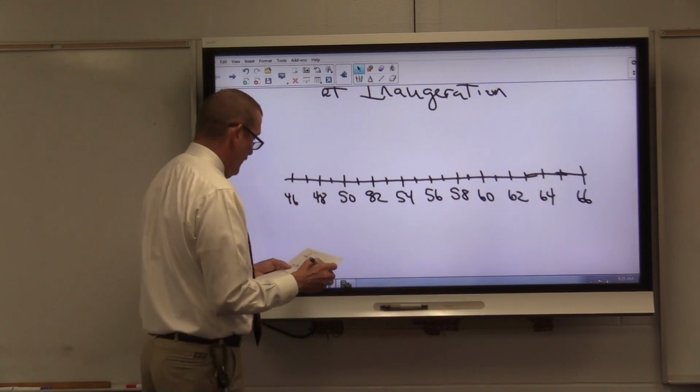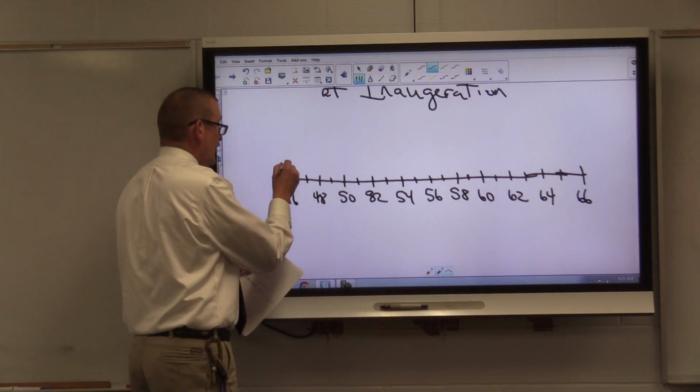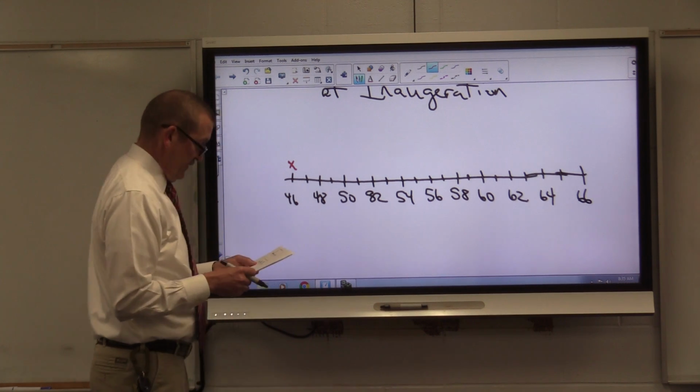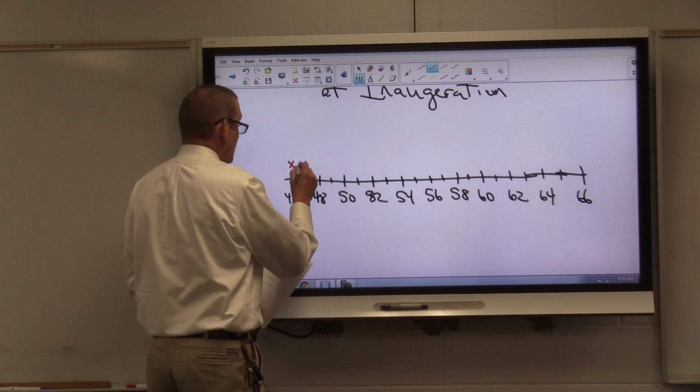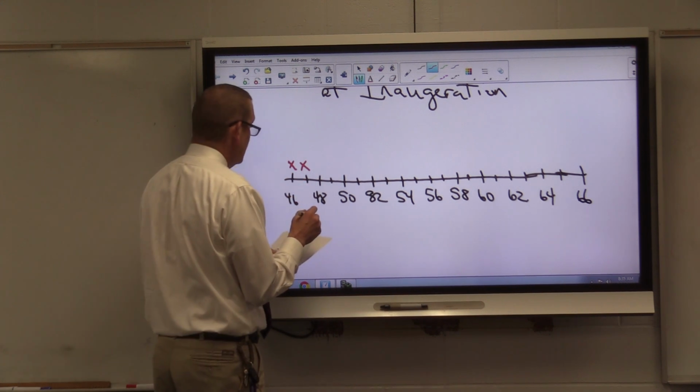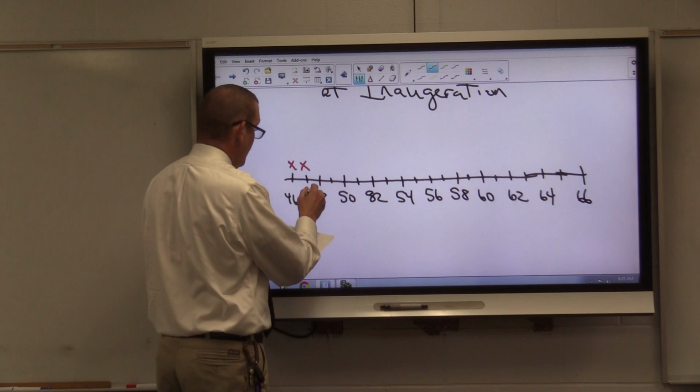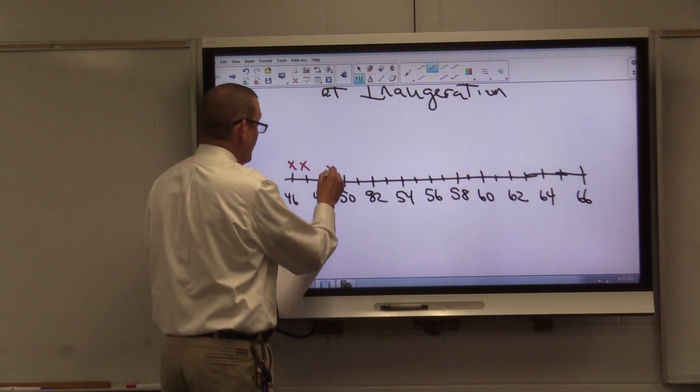And then I give you the following values. We had one president that was 46 years old when inaugurated. Here's 47, no 48, 1 at 49.